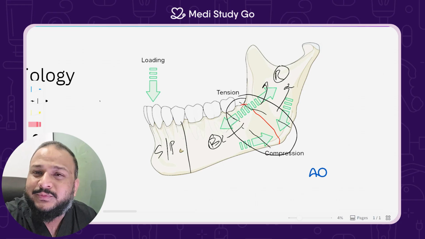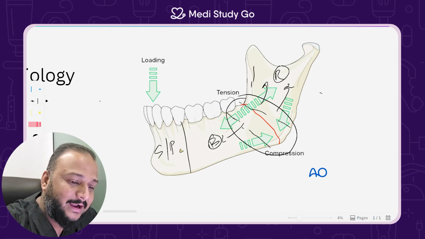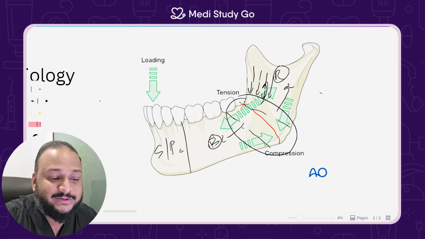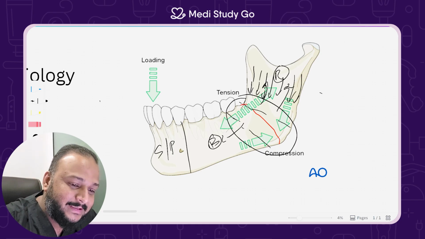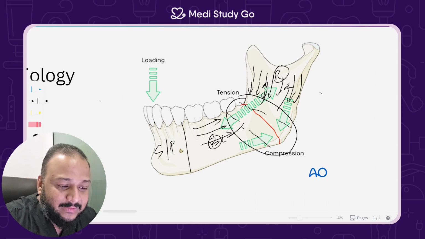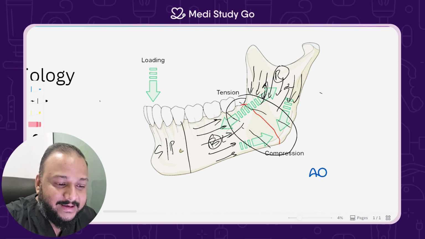This area is most prone to fractures because if you see the alignment of the mandible's internal osteological structure, which is also called the grain of the mandible, it runs vertically like this in the ramus areas, and runs horizontally like this in the body areas.